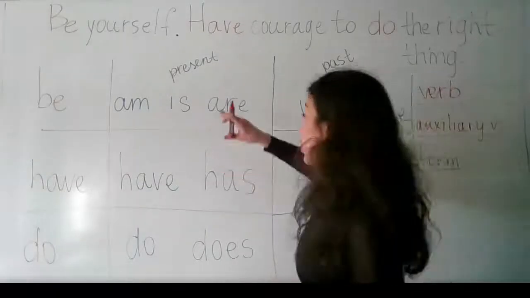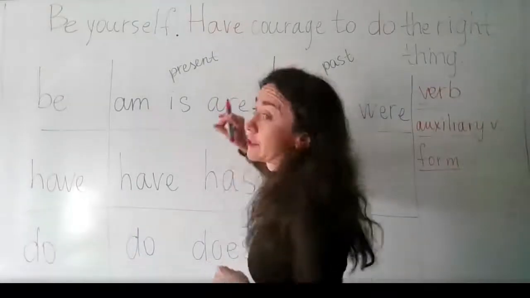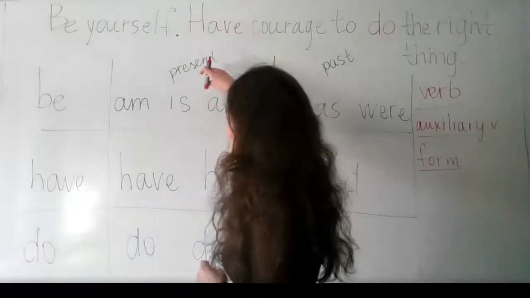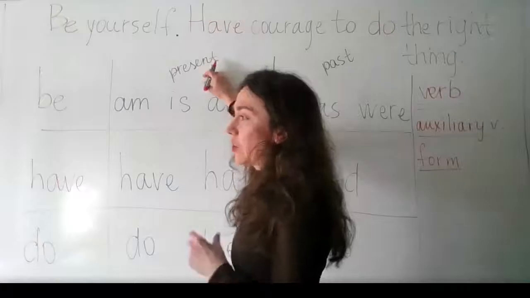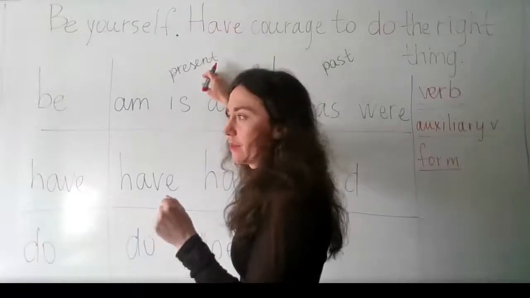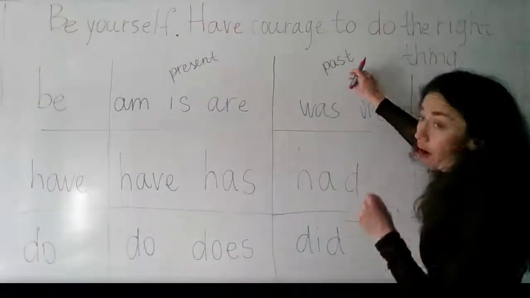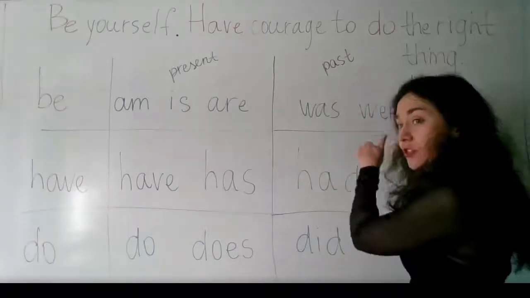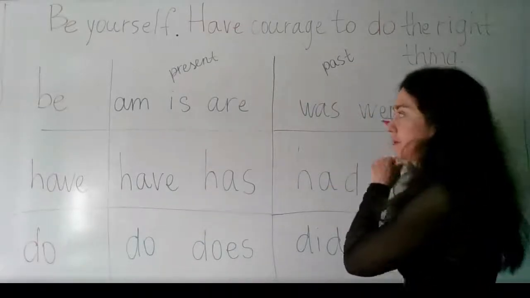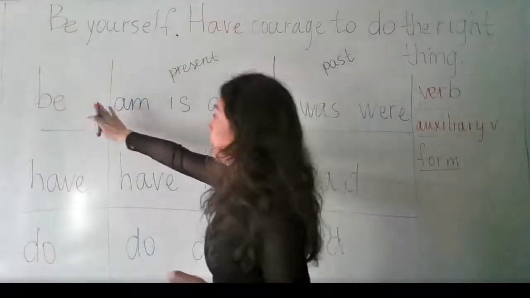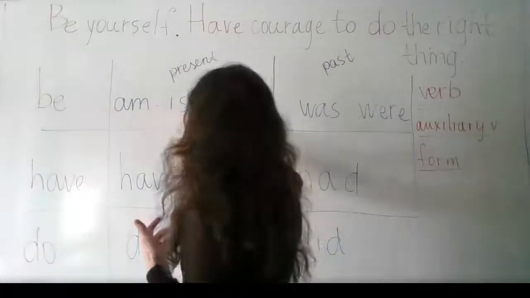So today we're going to work with two different tense forms. In the present indefinite tense or present simple tense, and in the past indefinite tense, action that happened in the past. Be has three forms, am, is, are.